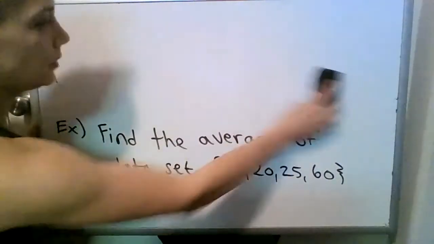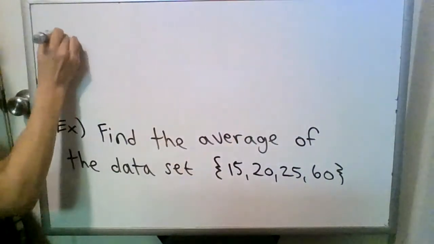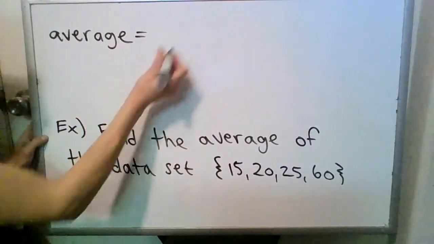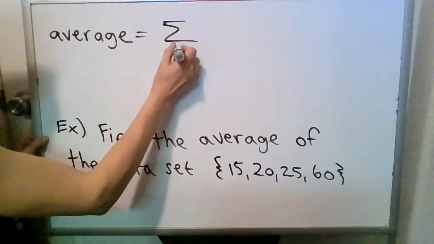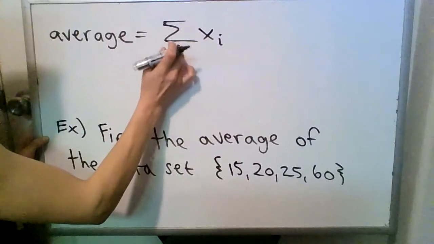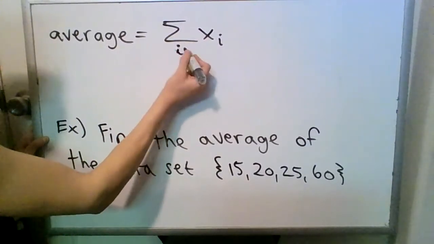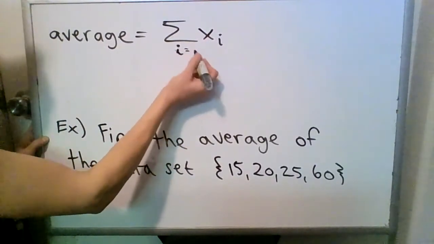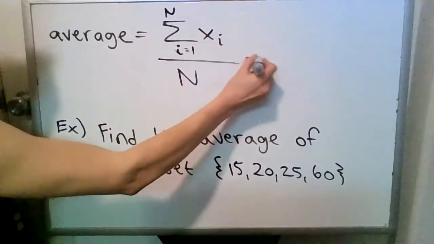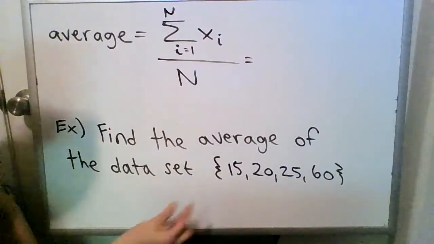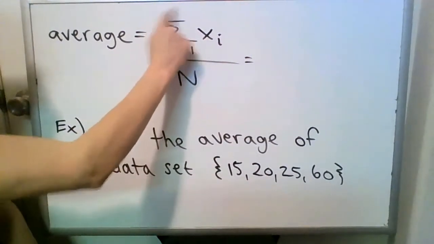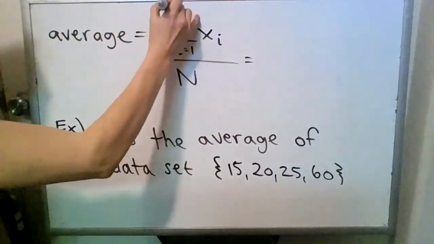Okay, for now, we're just going to get the average as the sum of all of your x sub i, and we can put the part where we go from 1 to n, divide by capital N. There's 1, 2, 3, 4 of these, so we're going up to 4 for n.